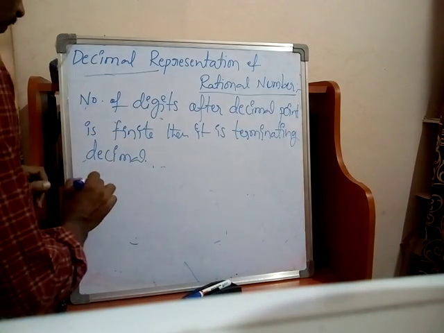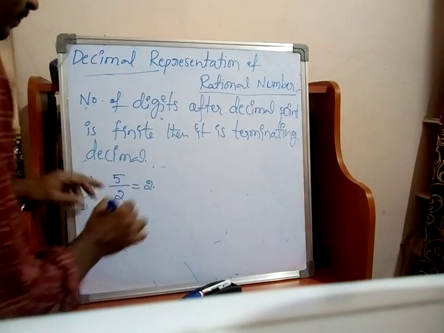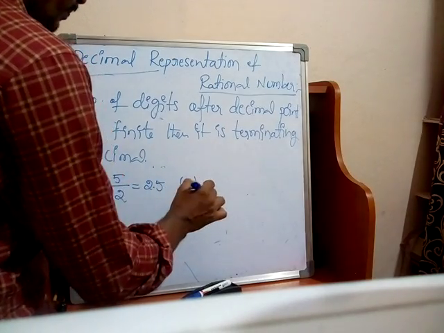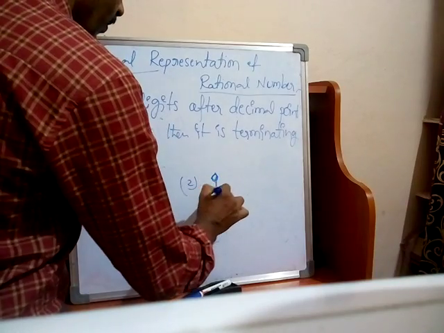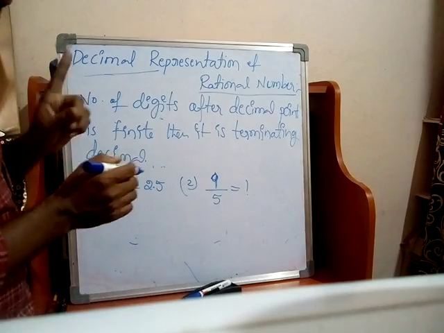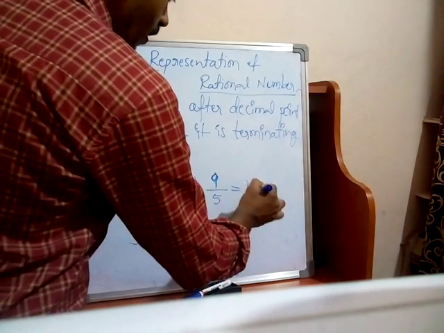See this example. 5 by 2 how much? 2.5. Second one, 9 by 5. 5 table how many times? 1 time, 4 left, so take a point and 40. 5 eights are 40.